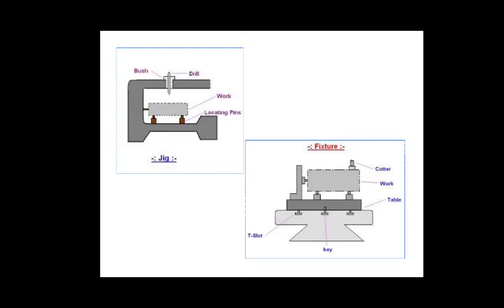Now let us see the uses of jigs and fixtures. Jigs and fixtures are used to reduce the cost of production. Also, they are used to increase the production rate, to assure the high accuracy of the parts, and to provide for interchangeability. Also, they enable heavy and complex shaped parts to be machined by holding them rigidly to a machine.